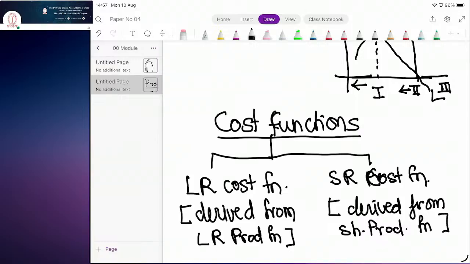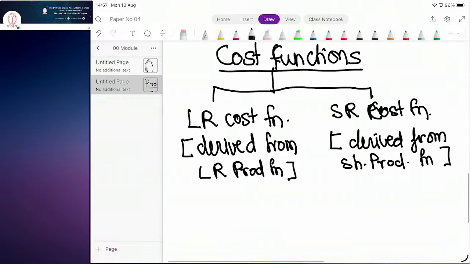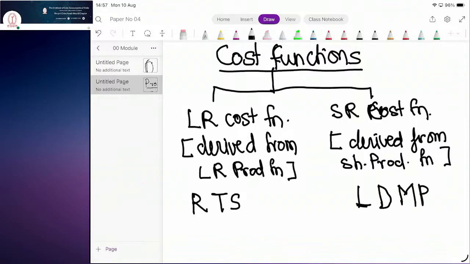So the long run cost function is derived from returns to scale, and the short run cost function is derived from the law of variable proportions. To make it simple, I will write law of diminishing marginal product. Have you all got this?